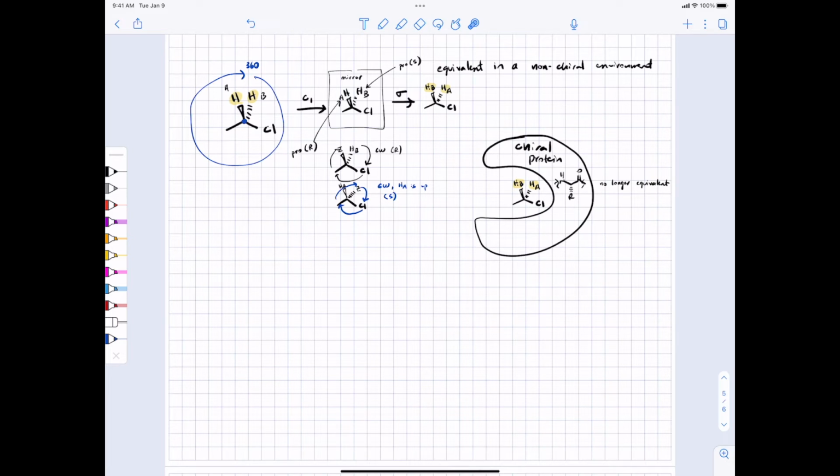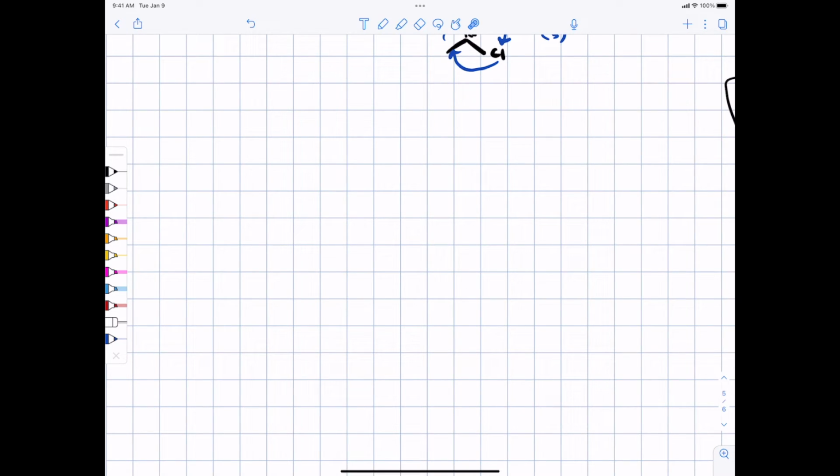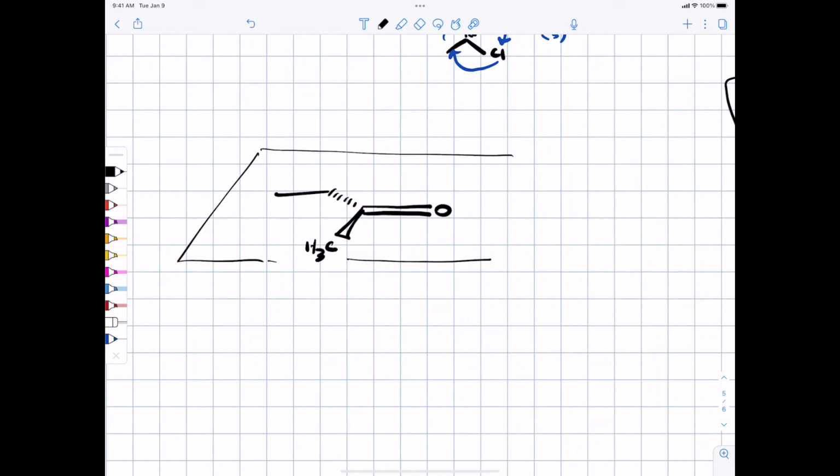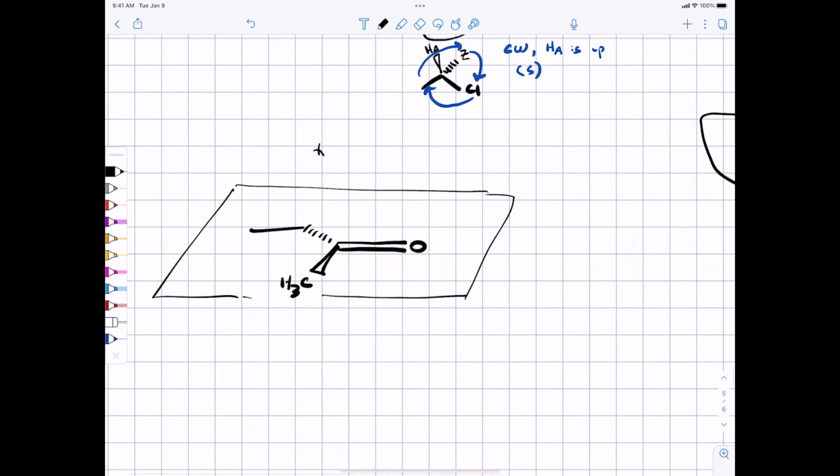We can also talk about enantiotopic faces of planar groups. So let's just do this ketone that's just a little bit less symmetric than the acetone that we did before. This molecule has a top face and a bottom face.